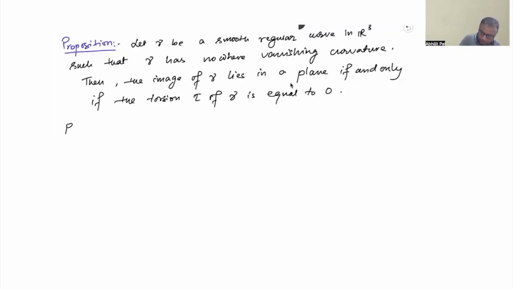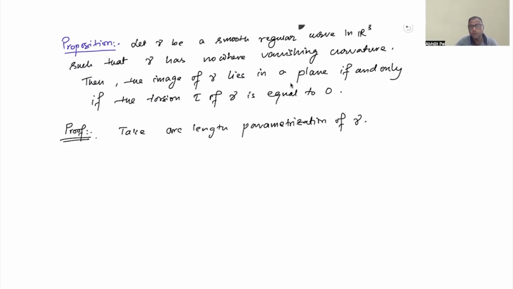What is the proof of this? In order to get the torsion of this curve gamma, we take the arc length parameterization of gamma.